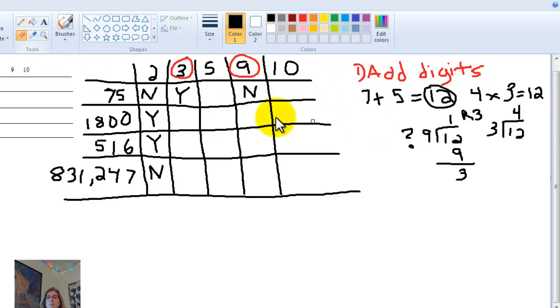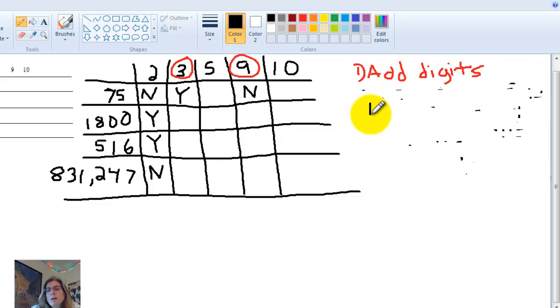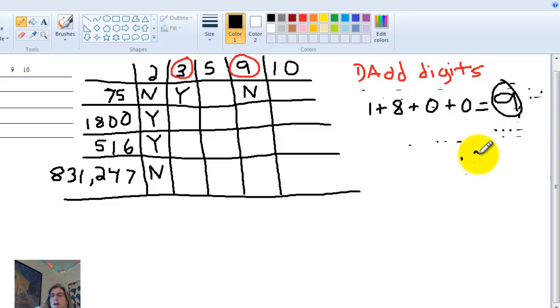So let's do the next one. The digits 1 plus 8 plus 0 plus 0 equals 9. Aha! So the question is, you added the digits and decide, is it divisible by 3? You look at what it adds to, and does 3 go into 9? Yes, it does.